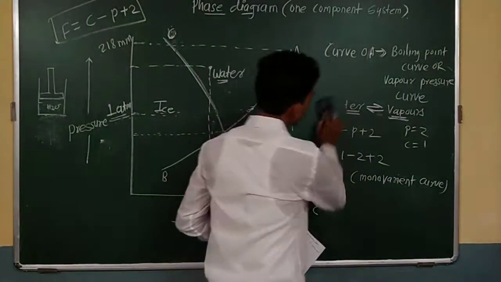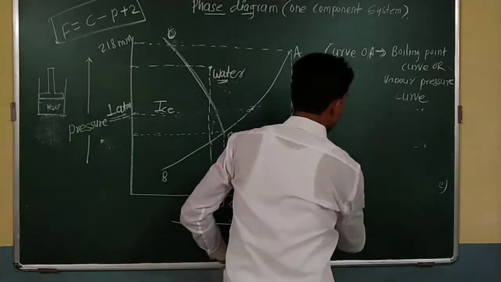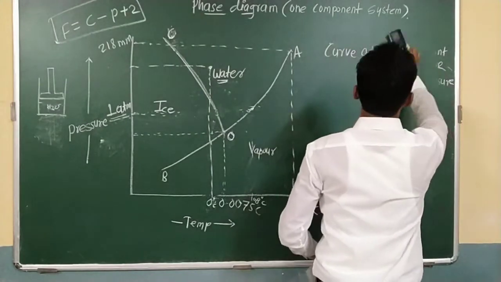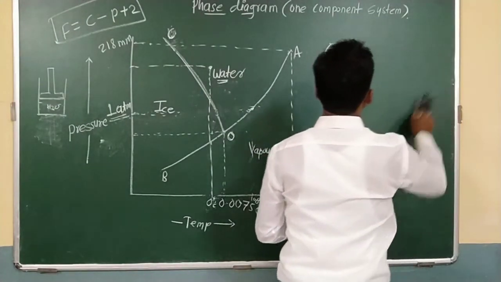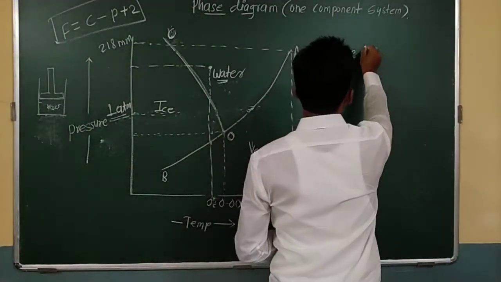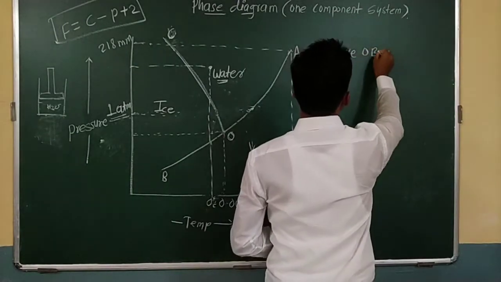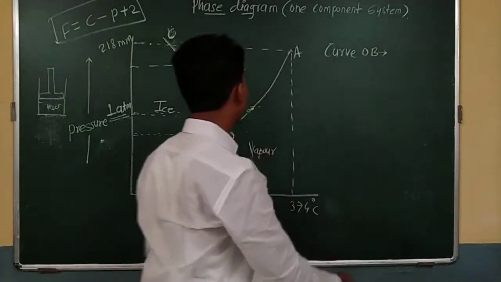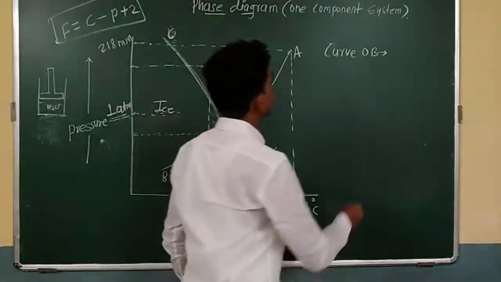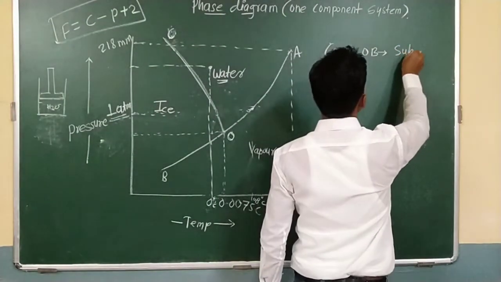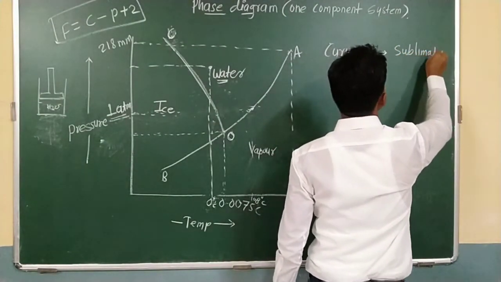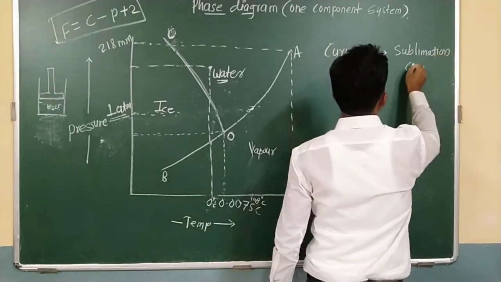Okay, now curve O to B. This is very important. This curve O to B is also known as the sublimation curve.